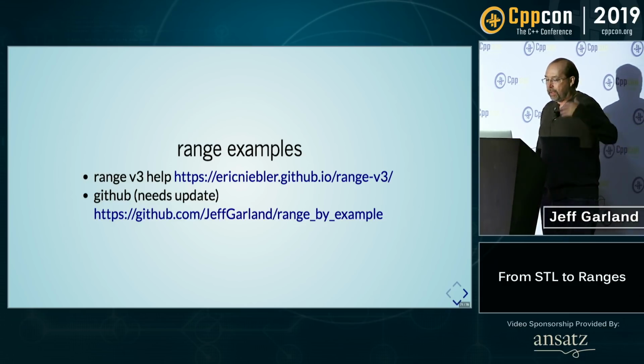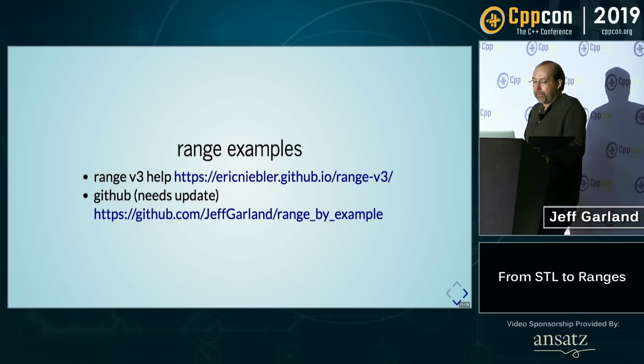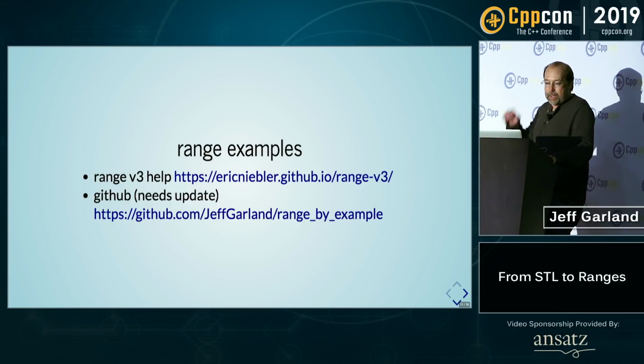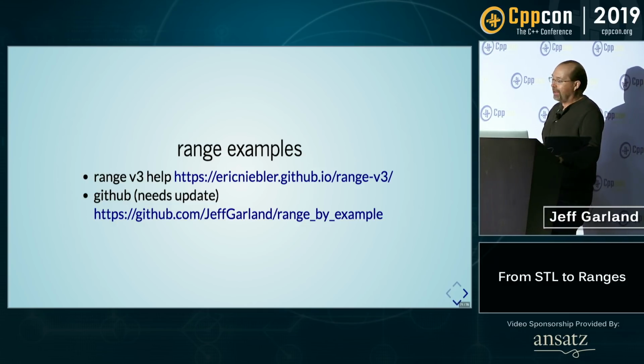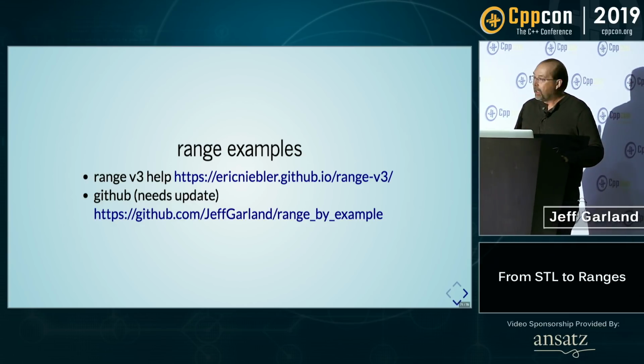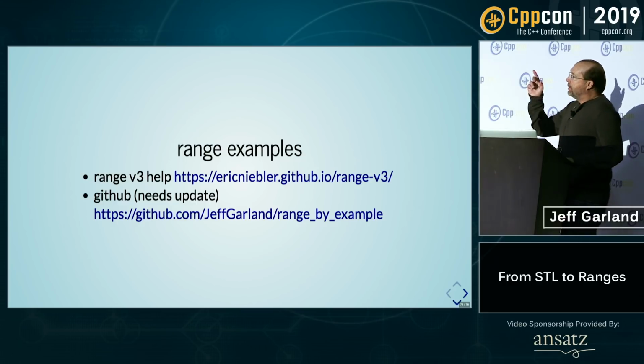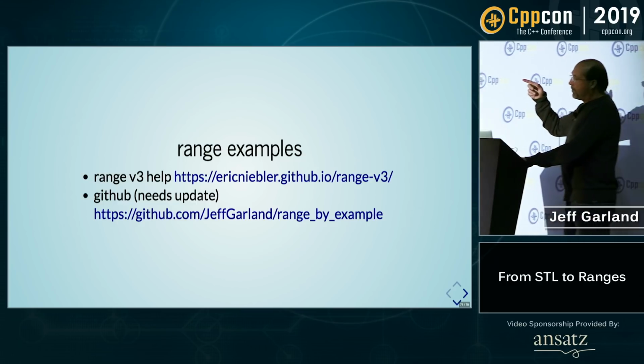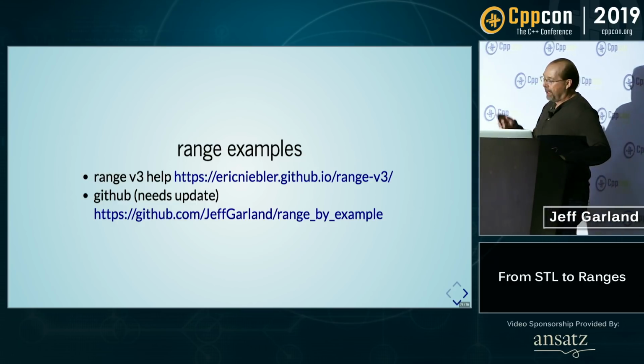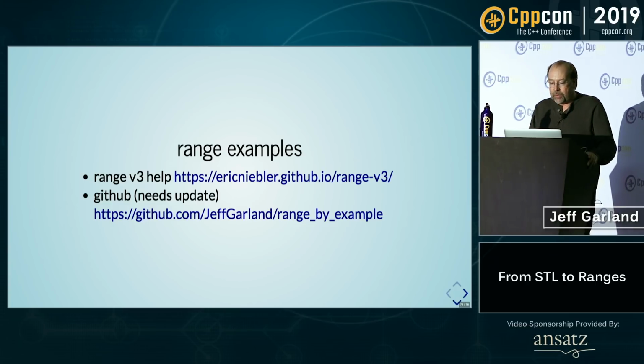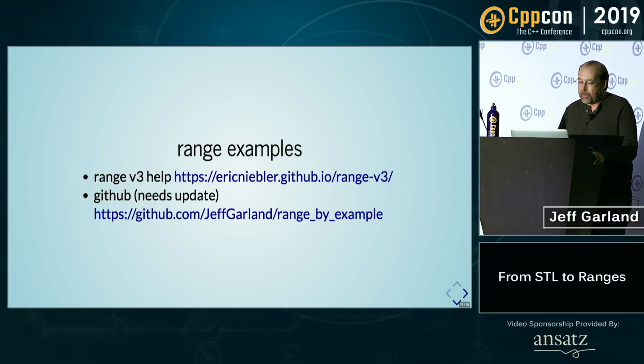I know that the group from C++ Now, Library in a Week, we did end up contributing some, and I can see that Eric or somebody else has done some more work on it recently. I have a rather older thing that came from C++ Now, so we're doing range by example. So there's a bunch of examples there. Those are not tuned down to the C++ 20 ranges, but are against range v3 directly.